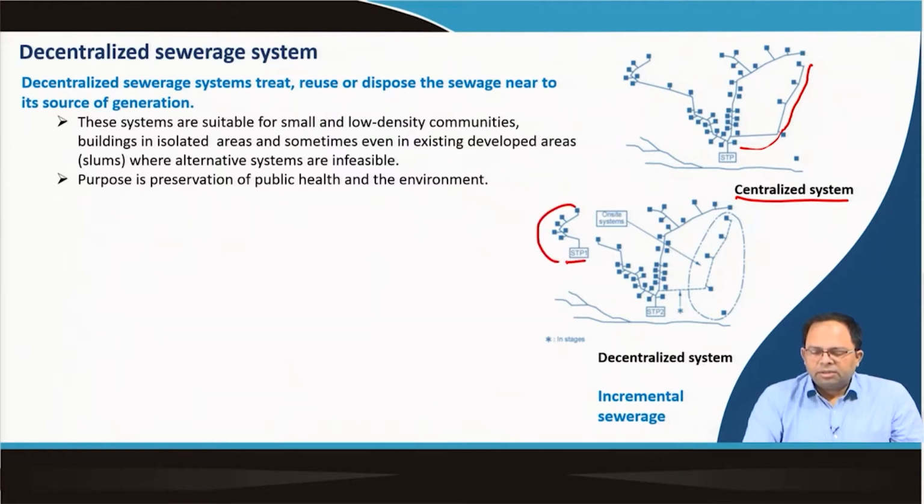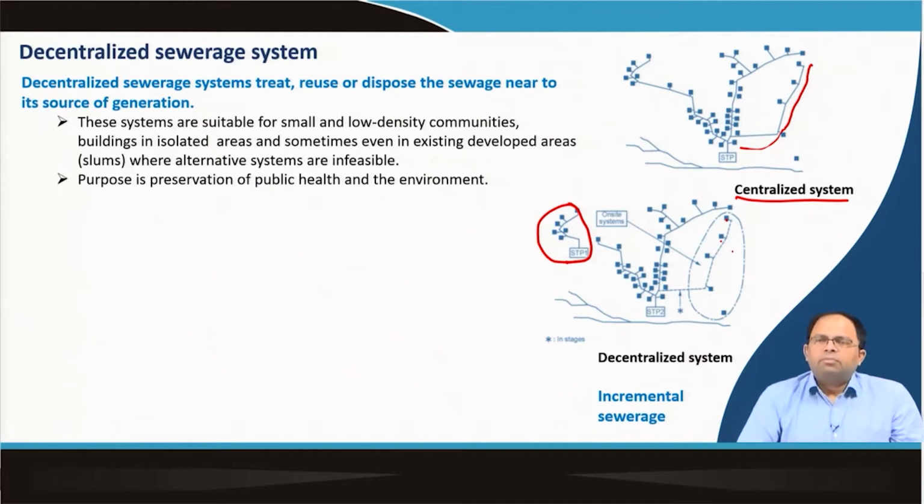So, we have a system where there is a sewer line connected with a local STP where it is getting treated. Then there is another STP which takes care of the existing network, and these buildings are too far apart and less dense. So, we can actually have on-site systems for this particular area.